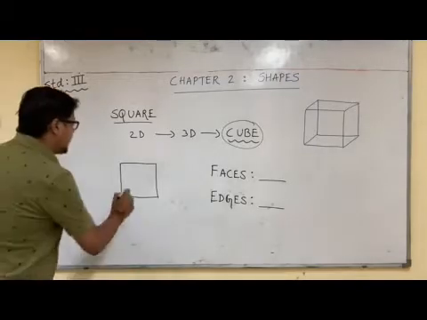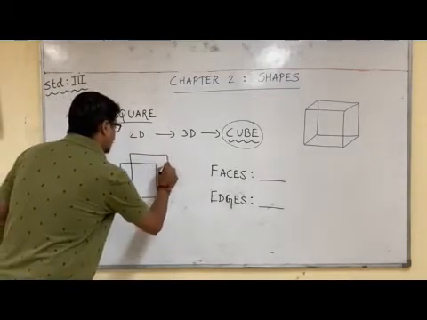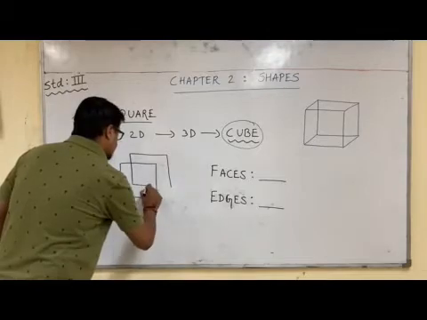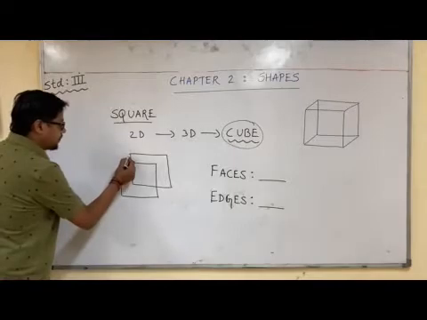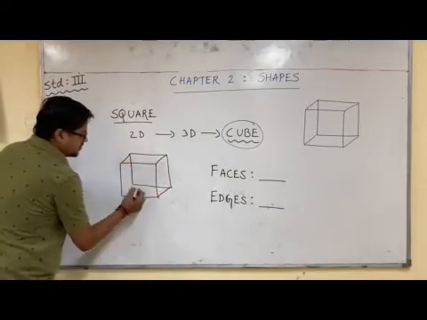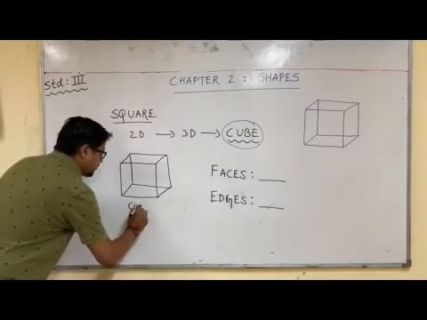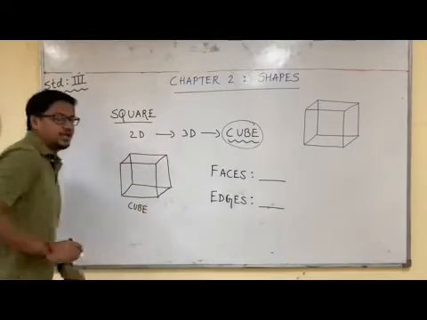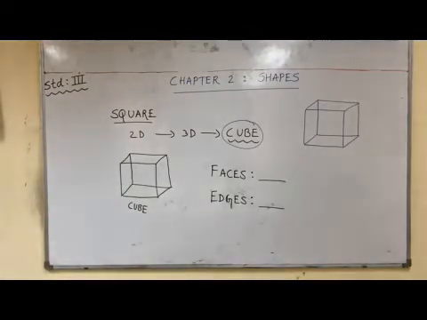Now on the back side, with little this side, I will draw one more square of the same size. Now once this is drawn, I will join them. Join the sides, join the edges. So this will be what? This will be a cube. Okay? I hope you understand how to draw square and how to convert it into a cube.